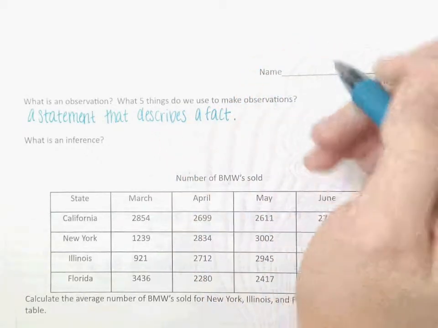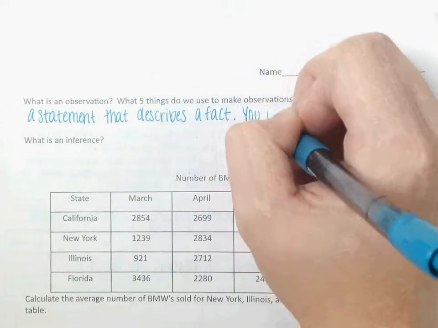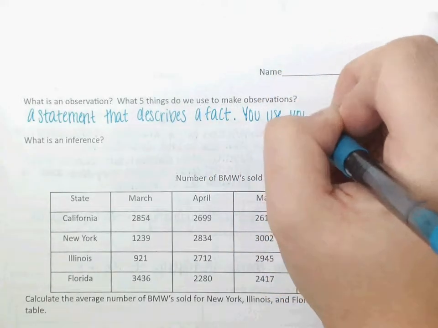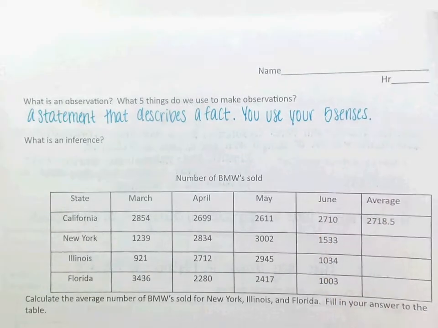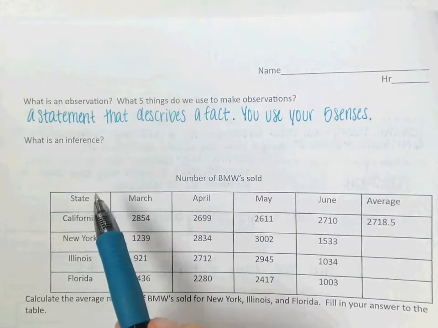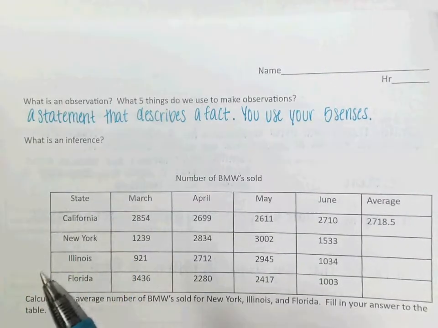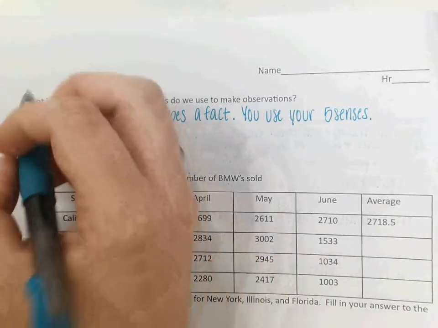And for an observation, we use our 5 senses. Now, an inference is an interpretation of our facts. It's what we think is going on based upon our observations.